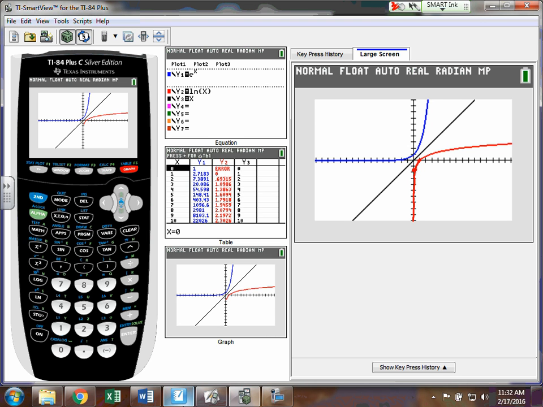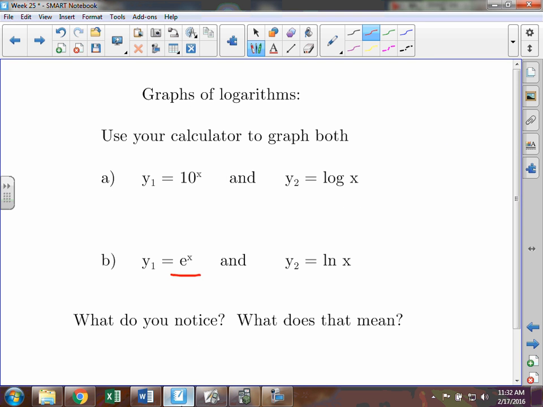One last comment before we stop the video. What in the world is this thing? We changed it from the base of 10, a number that we know really, really well, to this random number, this random letter E. In this video, I made the assumption that you have a passing familiarity in previous classes, that you've seen the number E before.